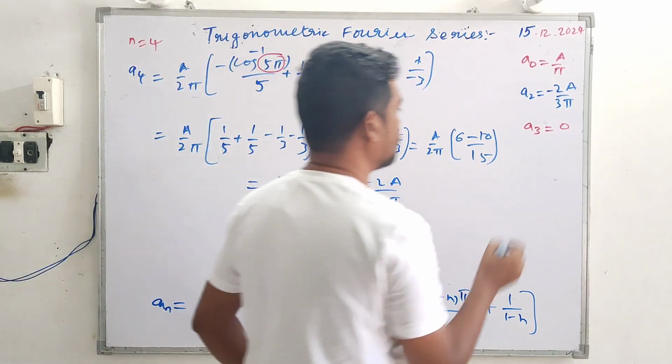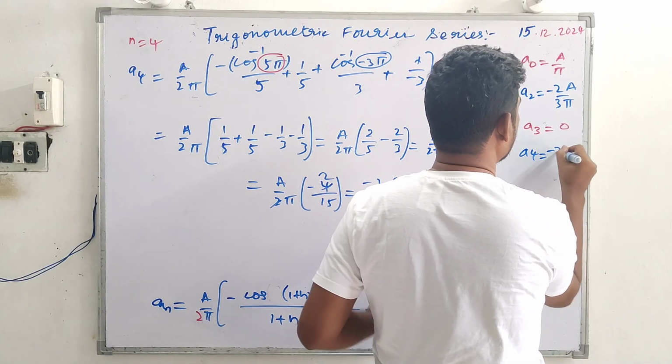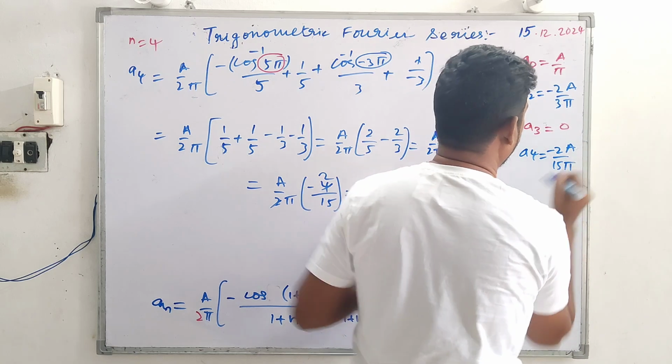The value for A4, A4 is minus 2a by 15 pi.